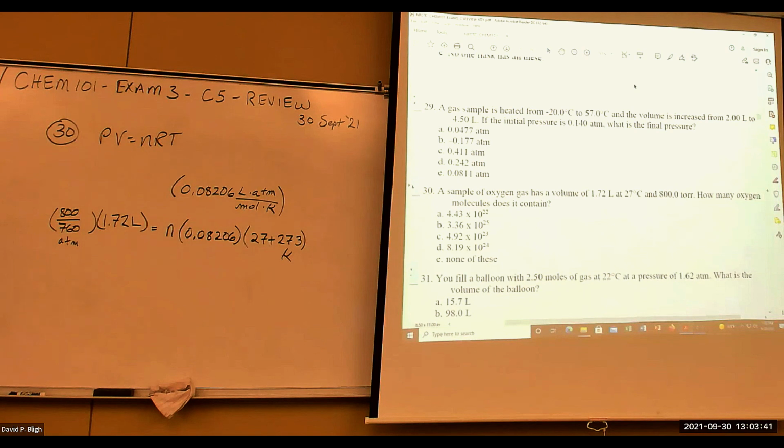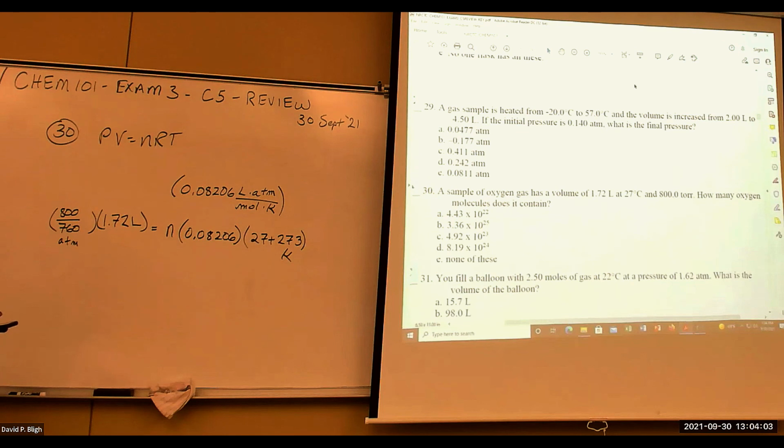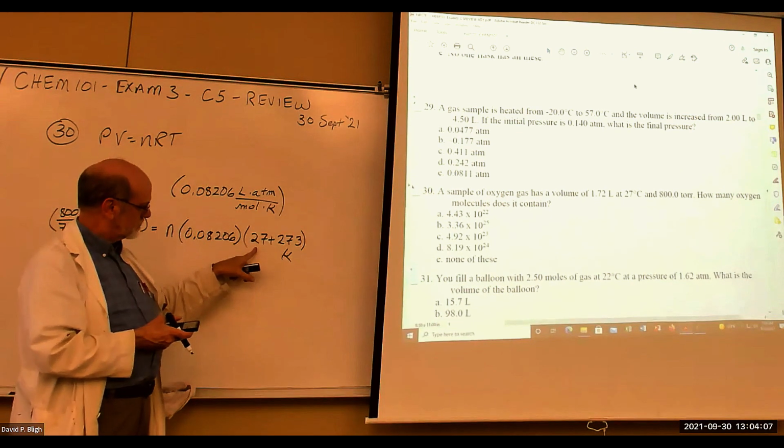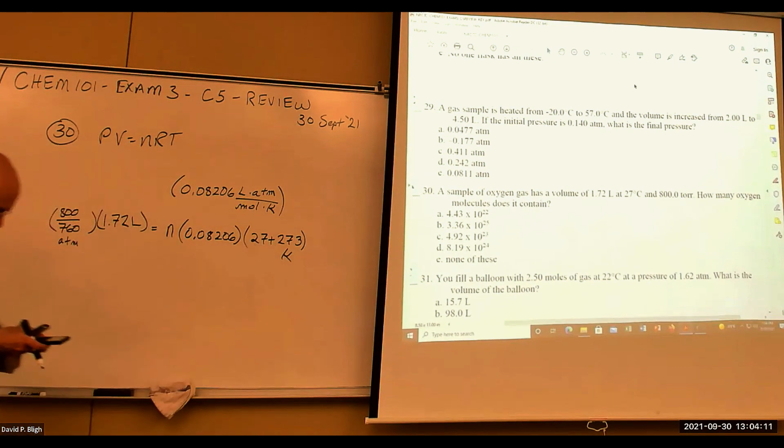But is that the answer? Not yet. That's the number of moles for sure. So 800 divided by 760 is this value, 1.0526 times 1.72. And we divide that by 0.08206 and divide that by 300.